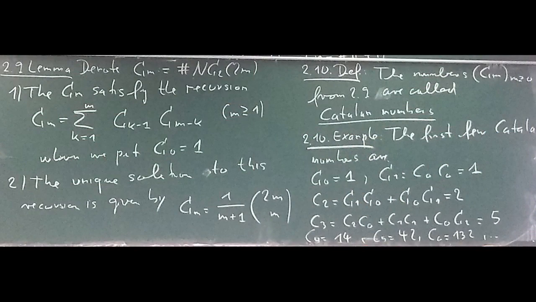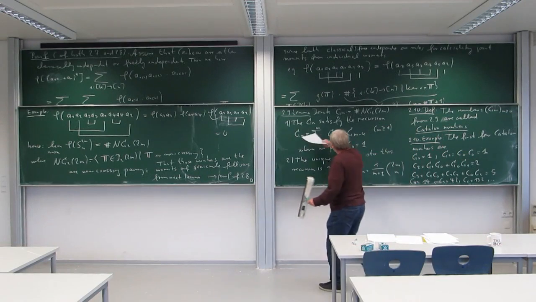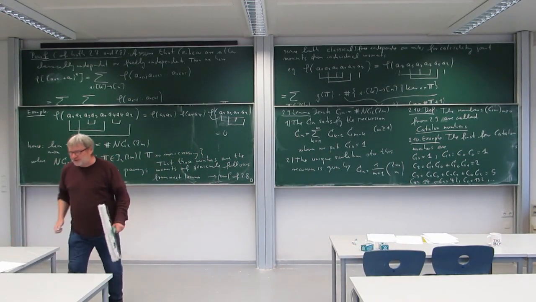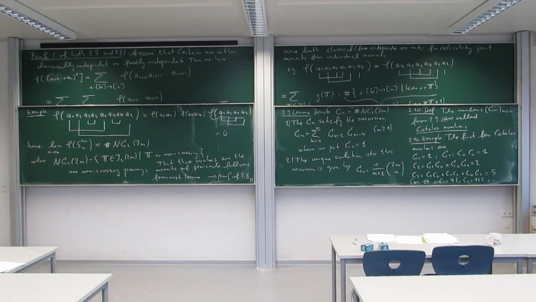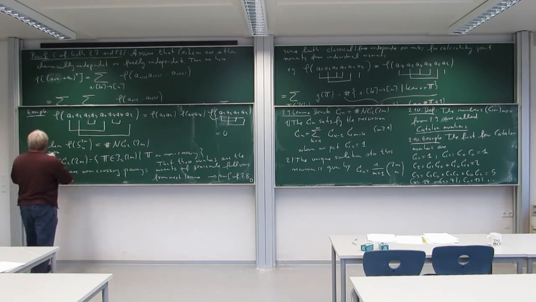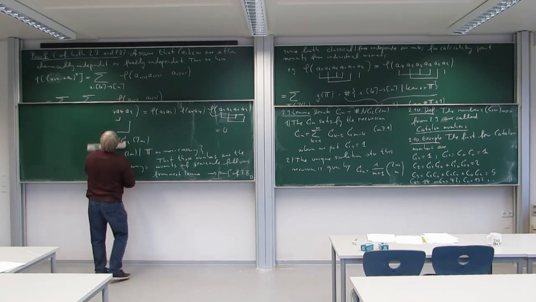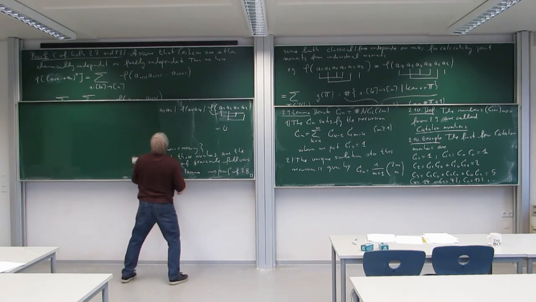The first is the more interesting, because there you really see the recursive structure of the problem. Counting non-crossing pairings is a recursive problem, and this recursion relation for the Catalan numbers corresponds exactly to this recursive nature of the problem.